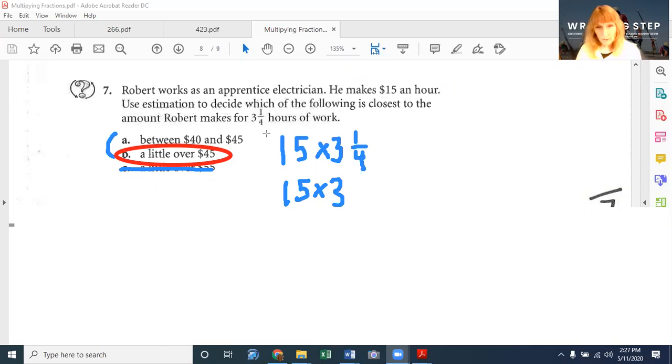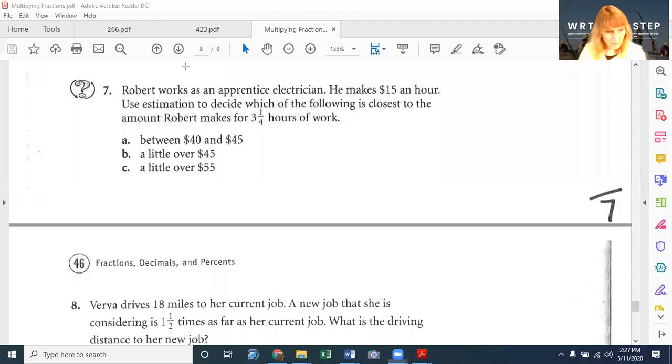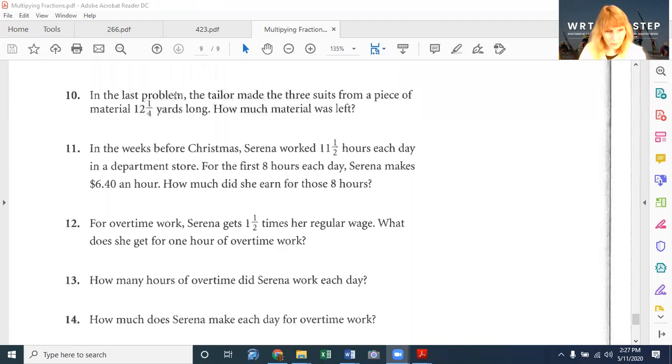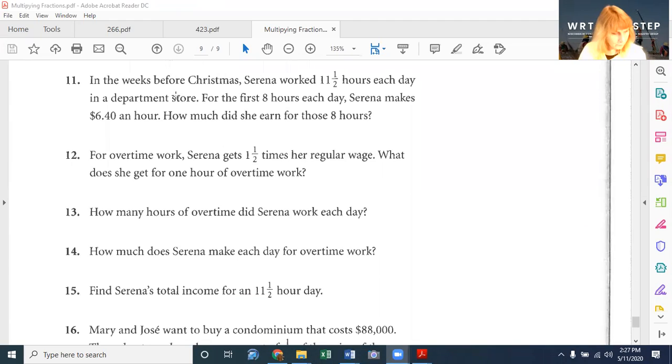Okay, let's take a look at another set here on the next page, number 11, 12, 13, 14, and 15. I don't know if I'll do all these, but let's take a look. In the weeks before Christmas, Serena worked 11.5 hours each day in a department store. For the first 8 hours each day, Serena makes $6.40 an hour. How much did she earn for those 8 hours?